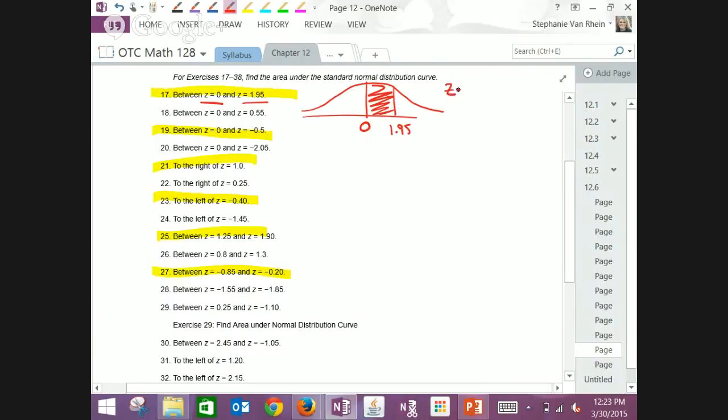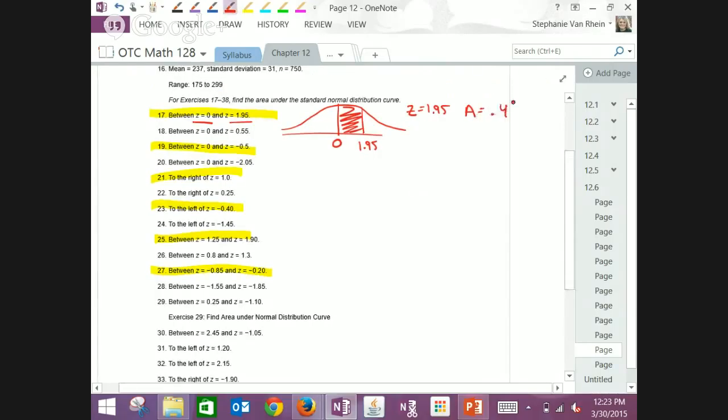So I look at z equaling 1.95. What would be the corresponding area? 0.474. So do I need to do anything to find the shaded region? It's the definition of the table. The table gives you 0 to z, right?